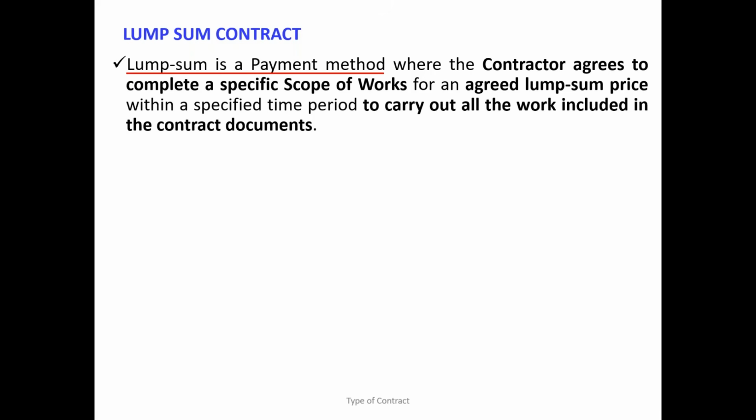A lump sum contract is a payment method. So what is that payment method? The contractor agrees to complete a specific scope of work for an agreed lump sum price within the specified time period, to carry out all the work included in the contract documents.